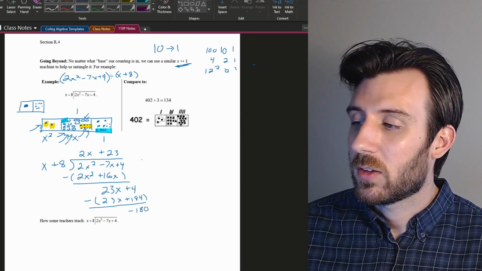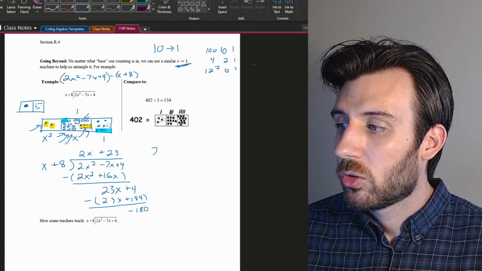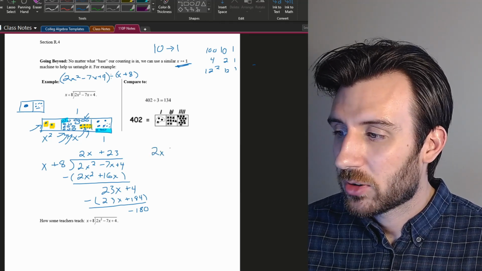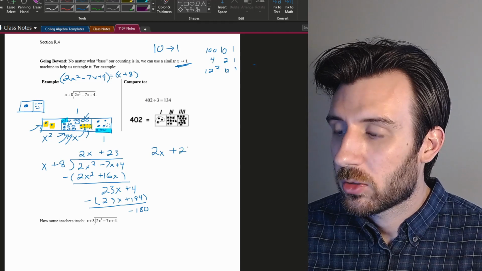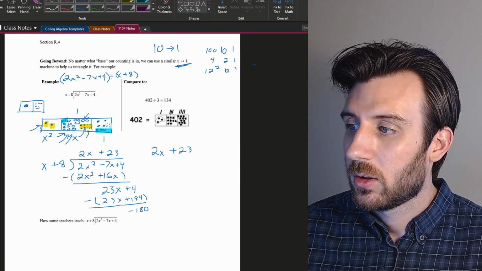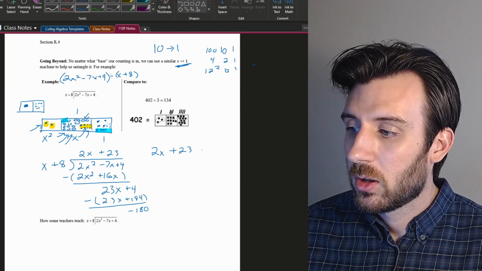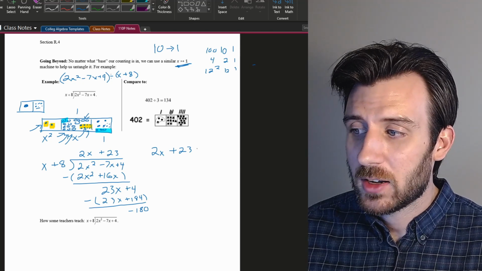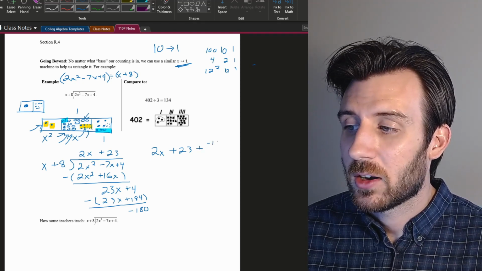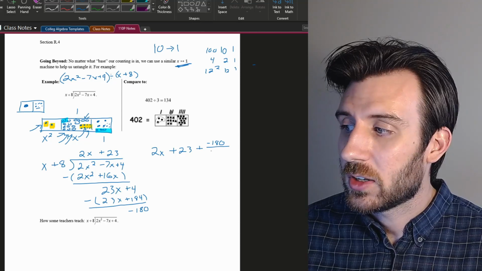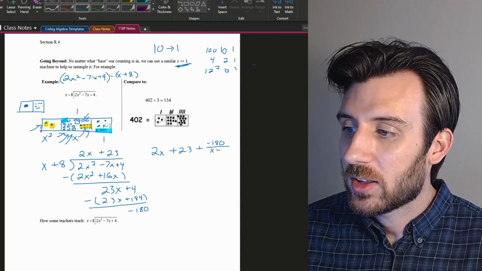So in all, when I finish all of this up, I would have 2 groups that I was able to have in the x category, 23 groups that were in the individual category, and then I would have a remainder of 180 that I wasn't able to divide yet. So I would have negative 180 that still needed to be divided by x plus 8.